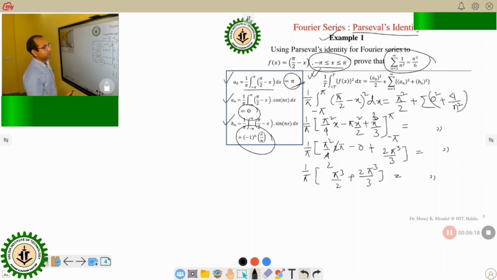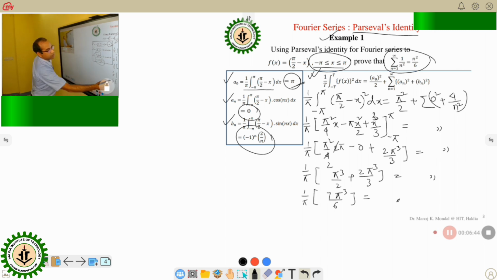And on the left hand side, here it will be 1 by pi, and the calculation gives 7 pi cube by 6, and the right hand side is the same as it was. Now we calculate, consider here again.